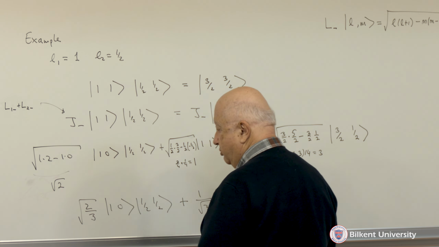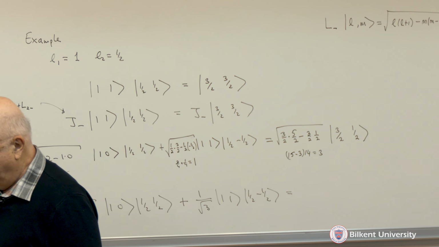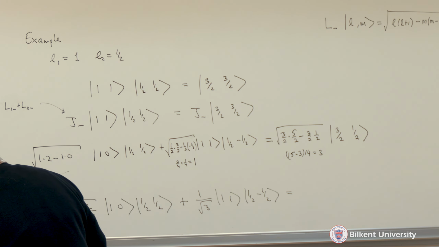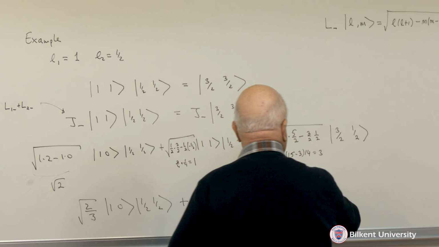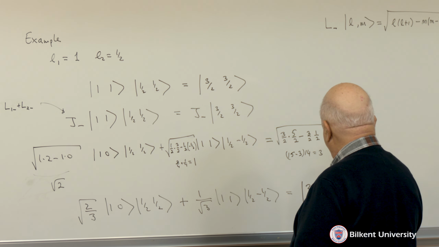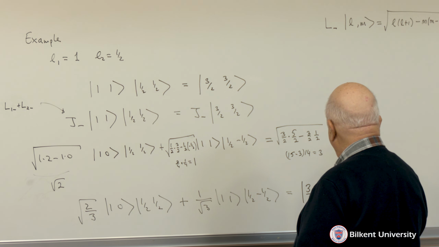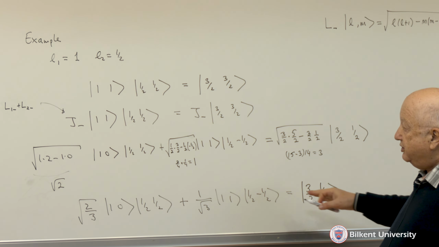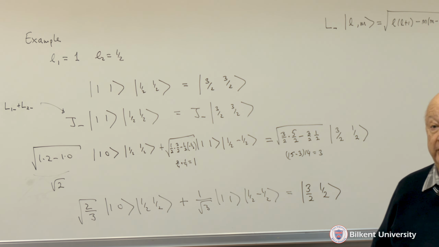So you see we are generating now all these nice relations. So I divided by square root of 3, so this is just 3 over 2, 1 over 2. Okay? So we found a relation which goes like that.